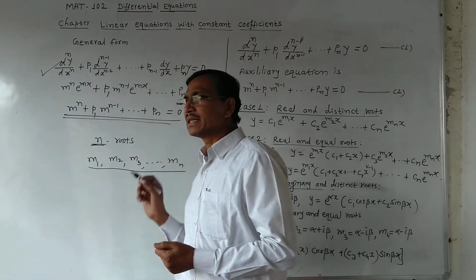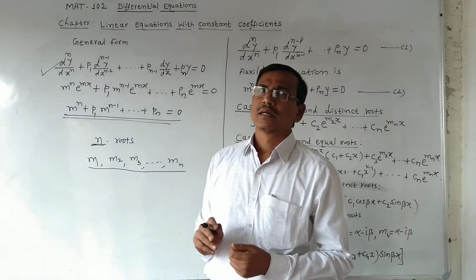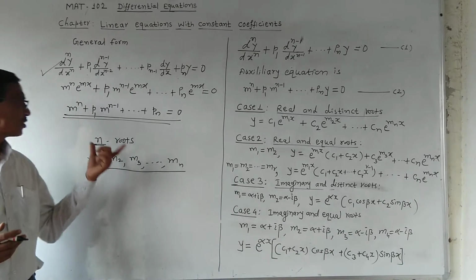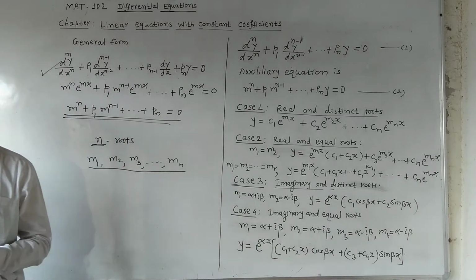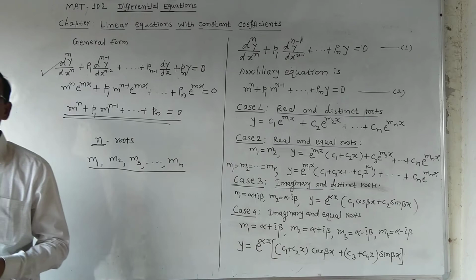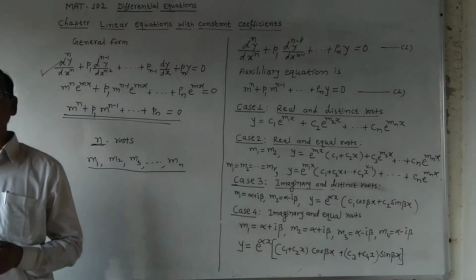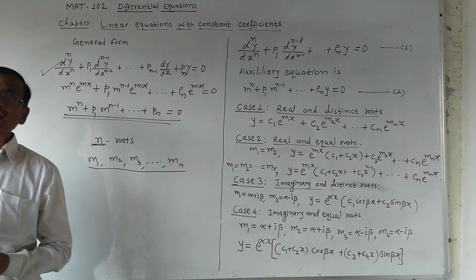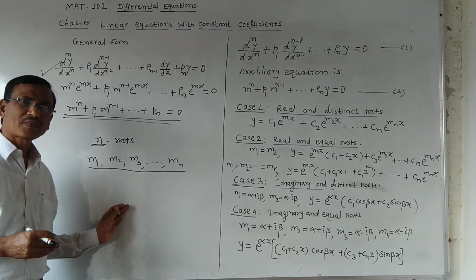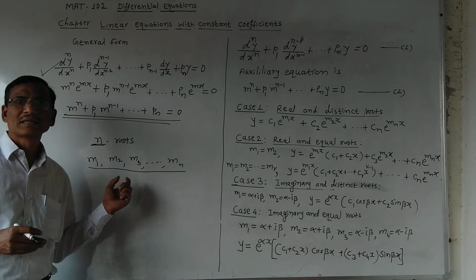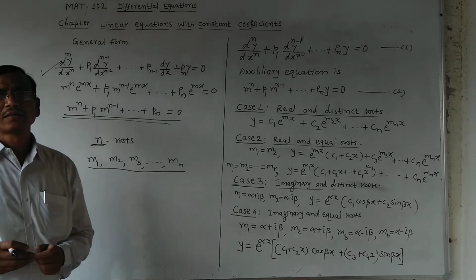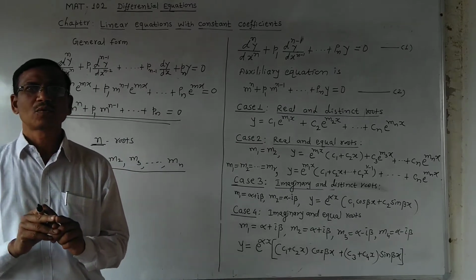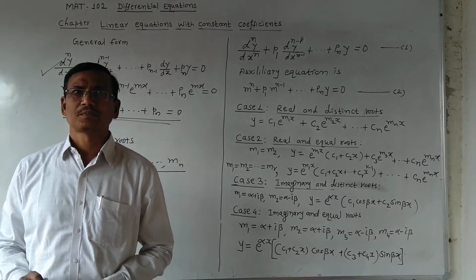Though there are these n solutions, there may be a possibility that some roots may be repeated. Some are real, some may be imaginary, and some may be equal roots. Repeated roots means equal roots. That means we shall consider different cases. At first, we shall consider that the roots are real and distinct. Distinct means no two roots are equal.